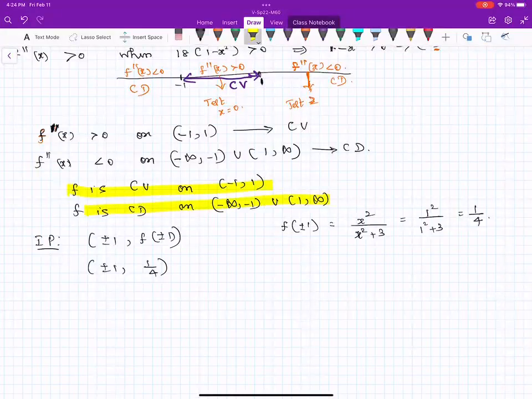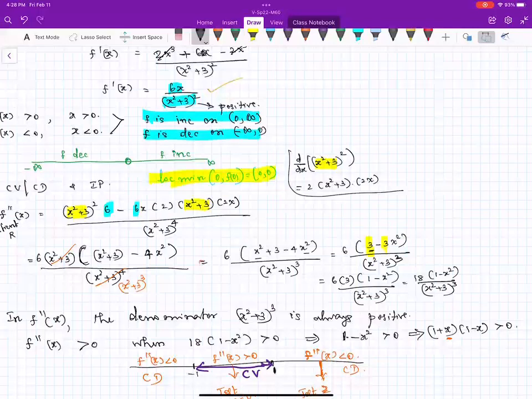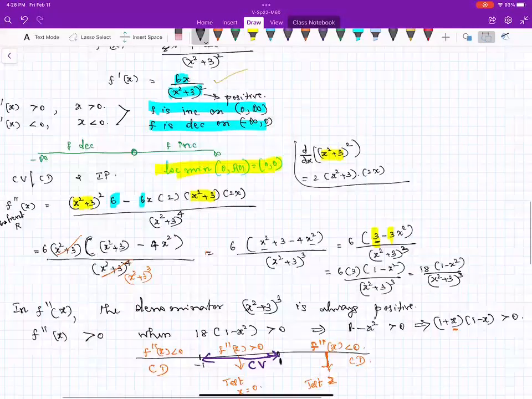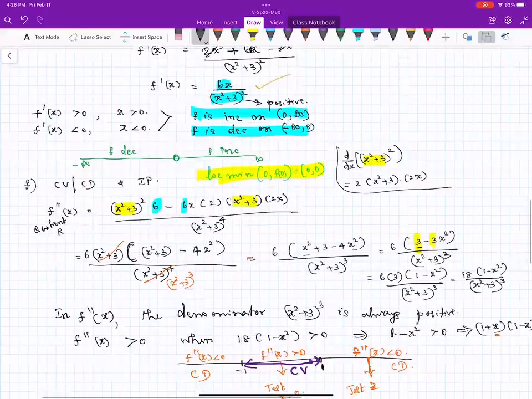So we have every piece of information that is needed for the graph. So we will be able to sketch the graph now. We have to put all these things together in the graph. One thing here, when we said f is decreasing on the interval negative infinity to 0, then f is increasing on the interval 0 through infinity.